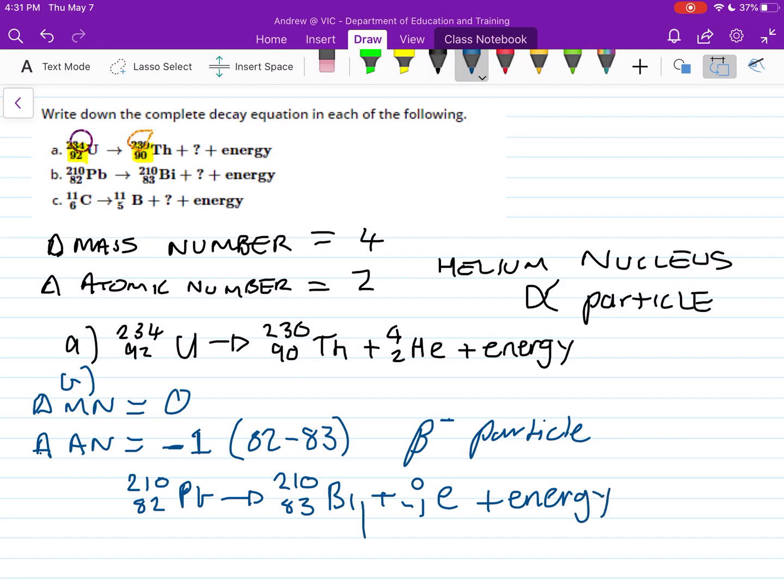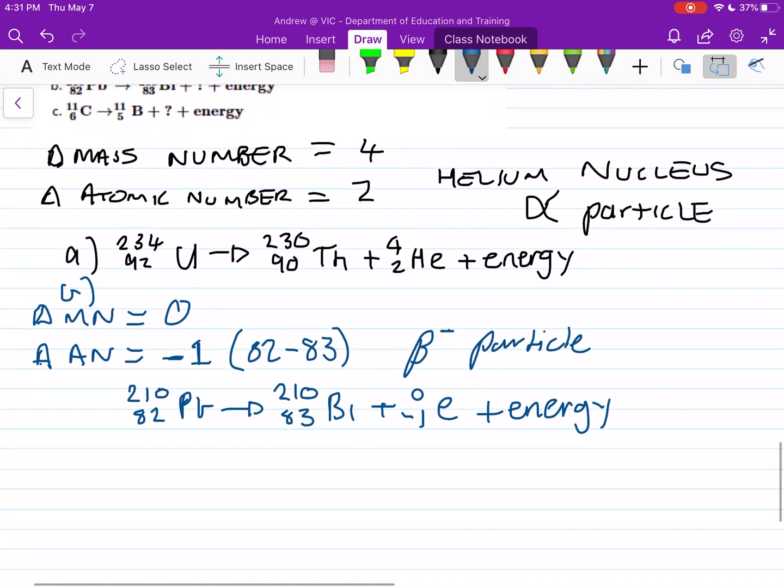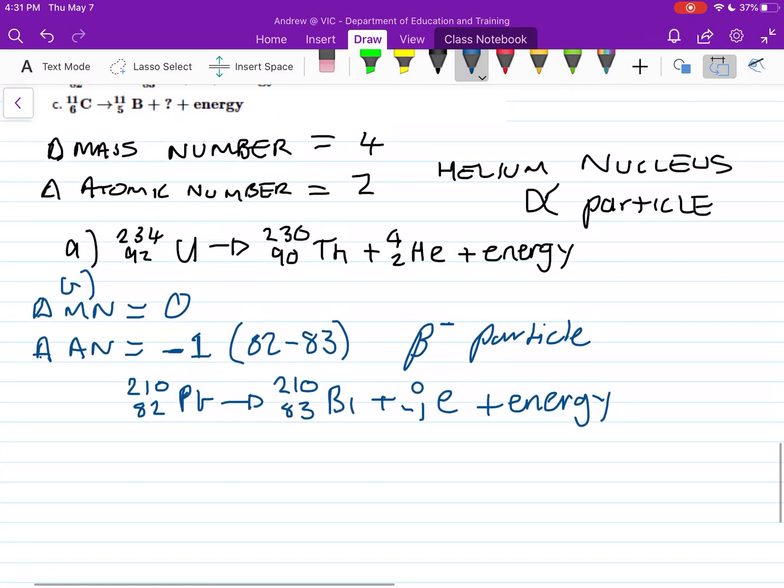I'm just going to scroll down a bit to give me room. You can still see C up there, which is good. Here we do the same thing. For C, our change in mass number: it's 11 and 11, so 0.